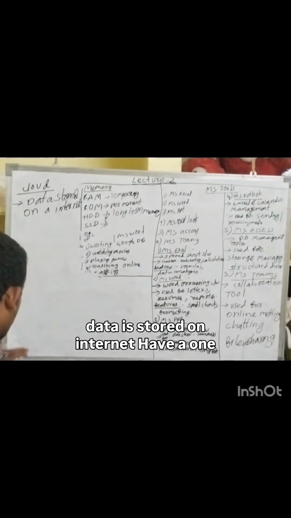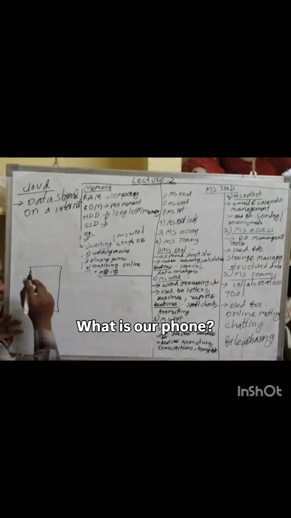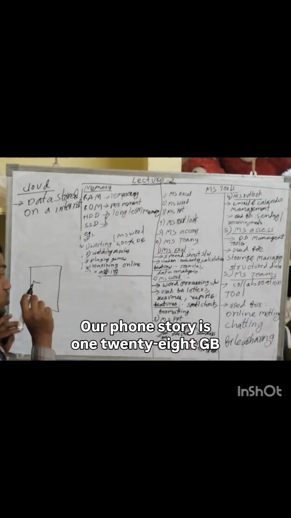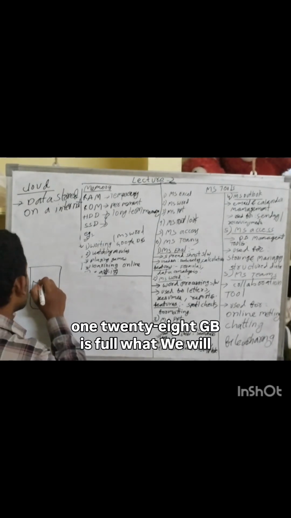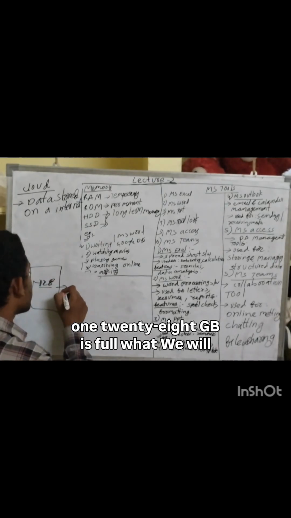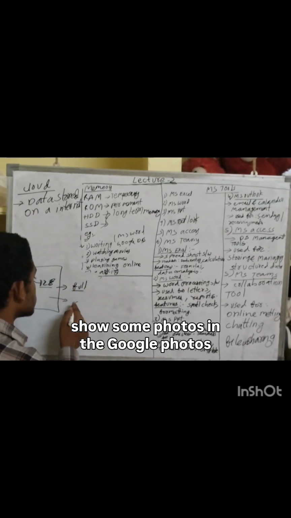For suppose we have a phone whose storage is 128 GB, and that 128 GB is full. What do we do now? We store some photos in Google Photos.